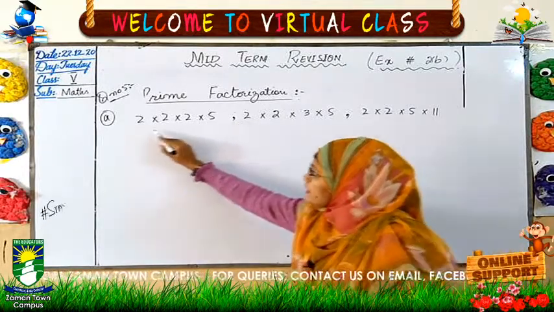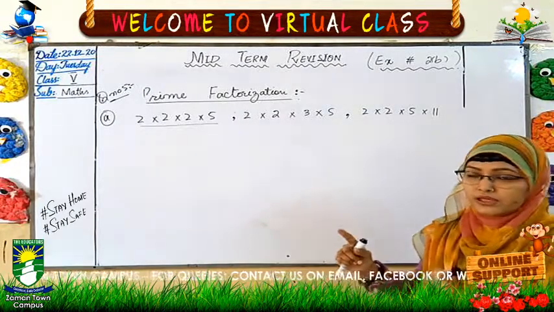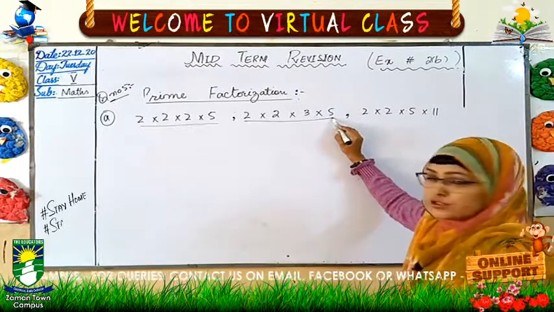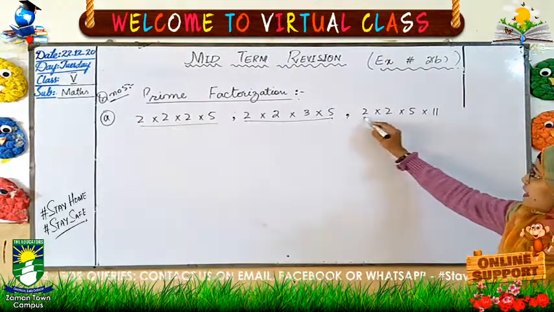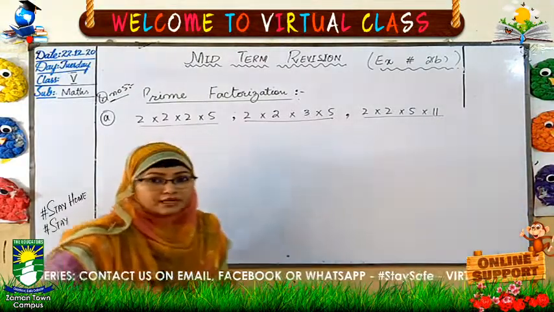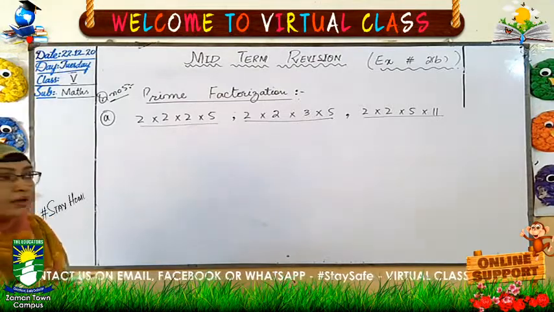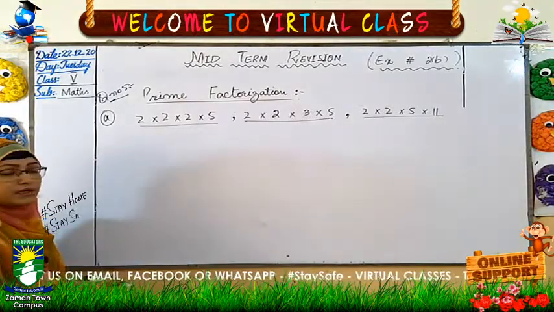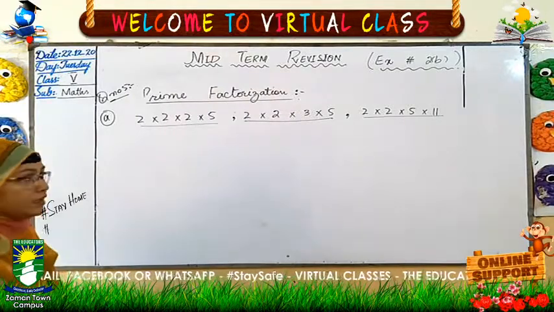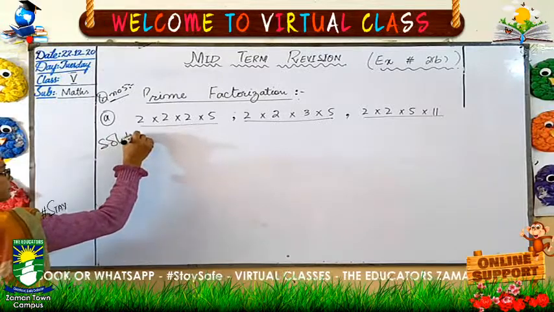Comma means these are the factors of the first value, and after the comma till the next one we have the factors of the second value, and these are the factors of the third value. These are the prime factors. The question is already given in the form of prime factors. We have to find just the HCF, and before HCF we will find the common factors. Okay. How can we write it down? We will write down the solution.